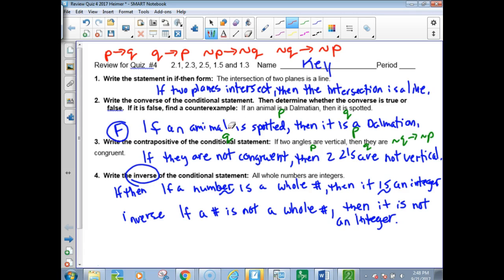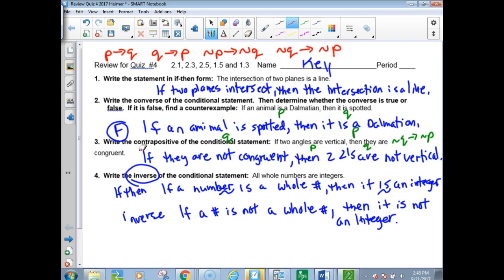As long as you have that it's spotted in the beginning and then it's a Dalmatian at the end. You follow what I'm saying? It doesn't have to be totally identical to what I wrote, but it has to say the same thing, basically. Oh, by the way, if an animal is spotted, then it's a Dalmatian. That's false.